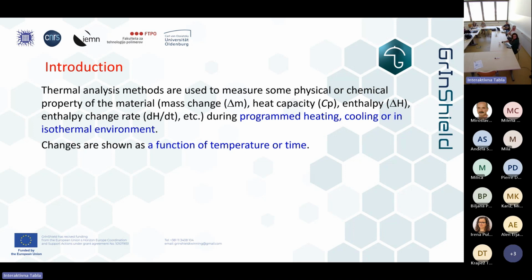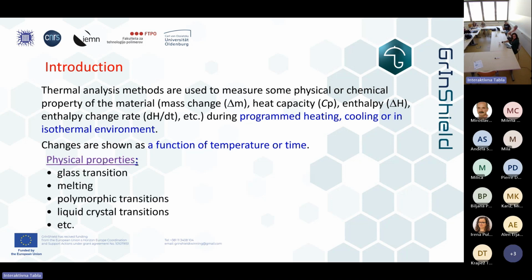Changes in the material are usually shown as a function of temperature or time, and the physical properties that we can determine are especially glass transition and melting temperature. These are the two most important for polymers. Polymorphic transitions are not so much; it's more in organic chemistry or biochemistry.